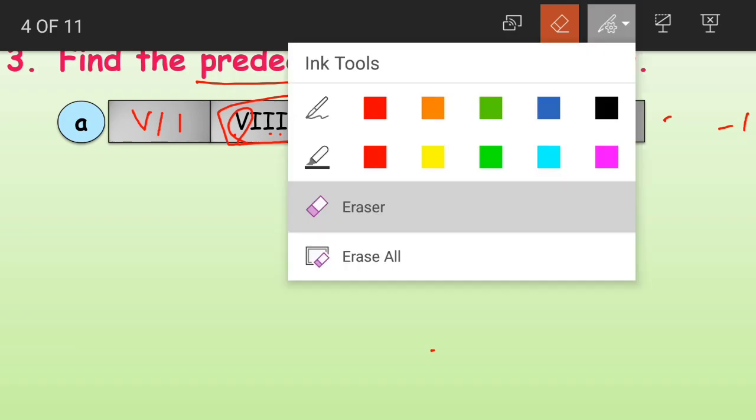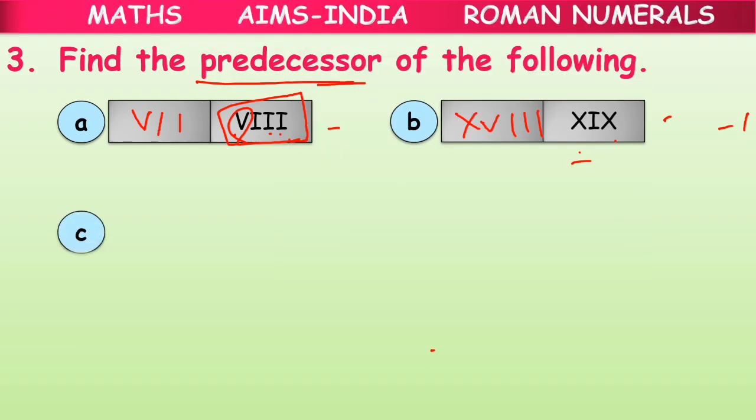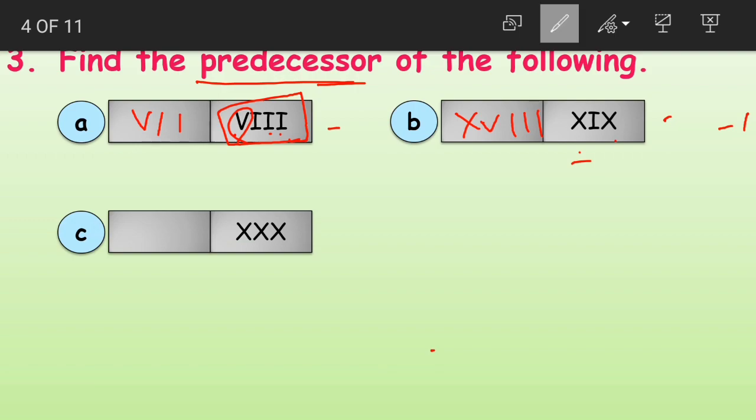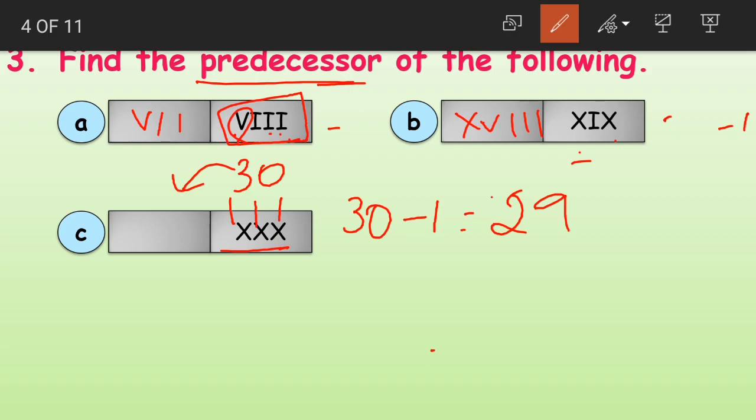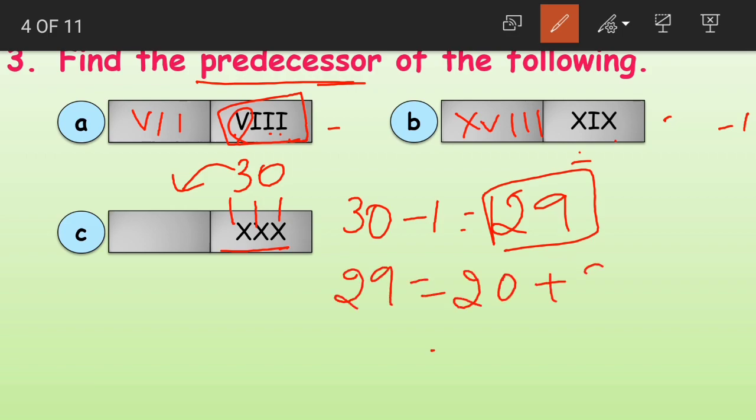Is this clear? Okay. Moving on, the third question, XXX. Now what is this XXX, which means 10 plus 10 plus 10, which is equal to 30. Now what is the predecessor of 30? 30 minus 1 is equal to what? It is equal to 29. Now how do we write this 29 in Roman symbols? 29 is equal to 20 plus 9.